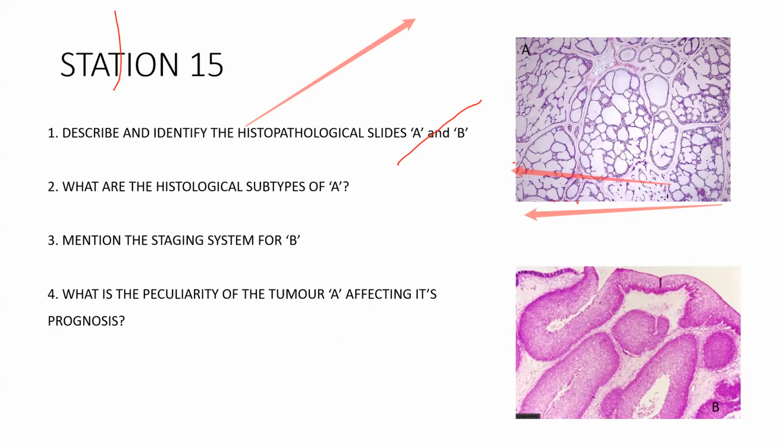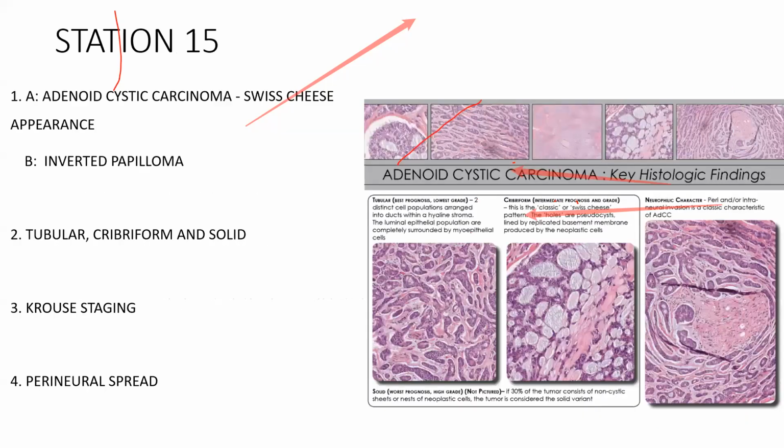And what is the most peculiar feature of the tumor adenoid cystic carcinoma? You all know it is the perineural extension of the disease. So when you get an adenoid cystic carcinoma in the skull base, especially in the nose and paranasal sinuses, we should be very particular in looking into the foramina of the skull base.